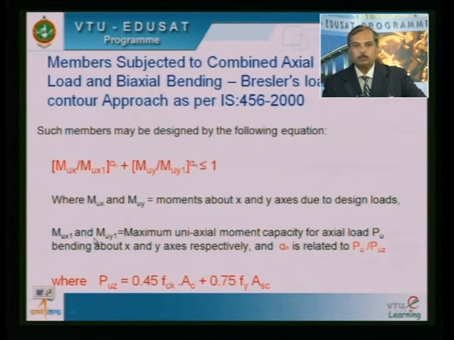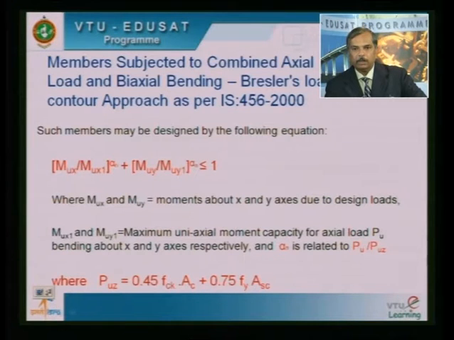So MUX and MUY are the moments about x and y axis due to design loads, whereas MUX1 and MUY1 are the maximum uniaxial moment capacity for the same axial load PU. In order to get MUX1 and MUY1, we need to refer to the SP16 uniaxially loaded interaction curves. We also have this alpha n, a factor you can see in the equation, and this is a function of PU by PUZ.